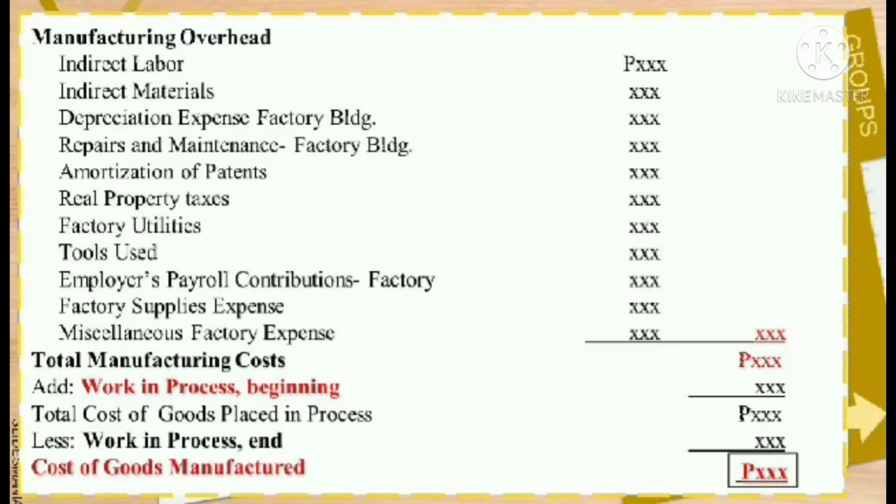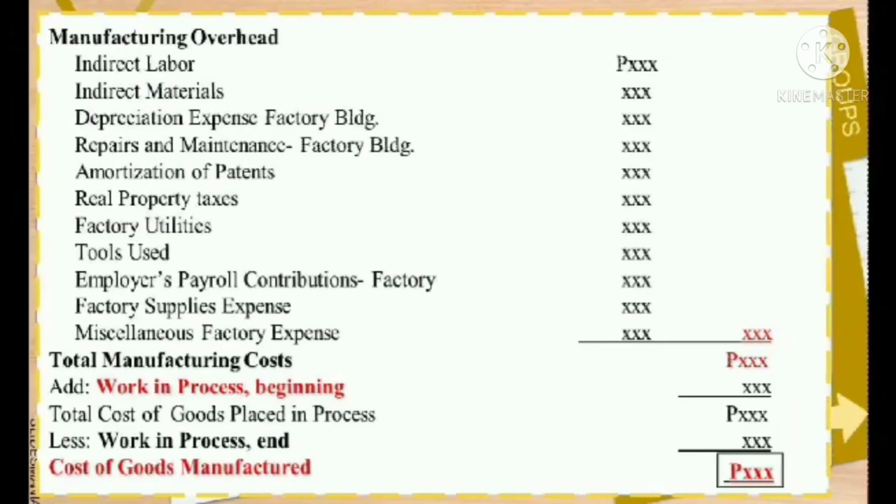It doesn't end here, because the next step is we need to add the beginning work in process to the total manufacturing costs we got, which will result in the total cost of goods placed in process. Once we get it, of course, we need to subtract the ending work in process. Finally, after it is deducted, the amount we will get is the cost of goods manufactured.